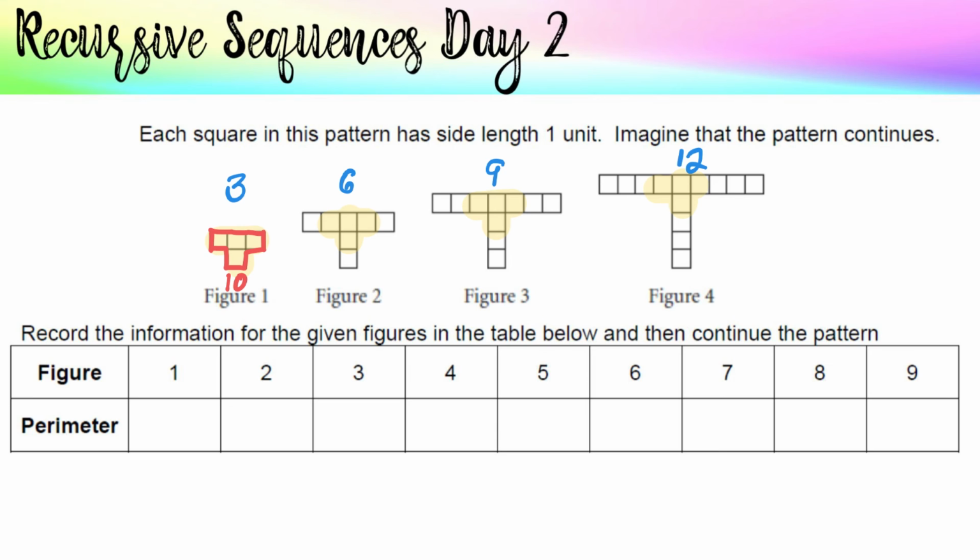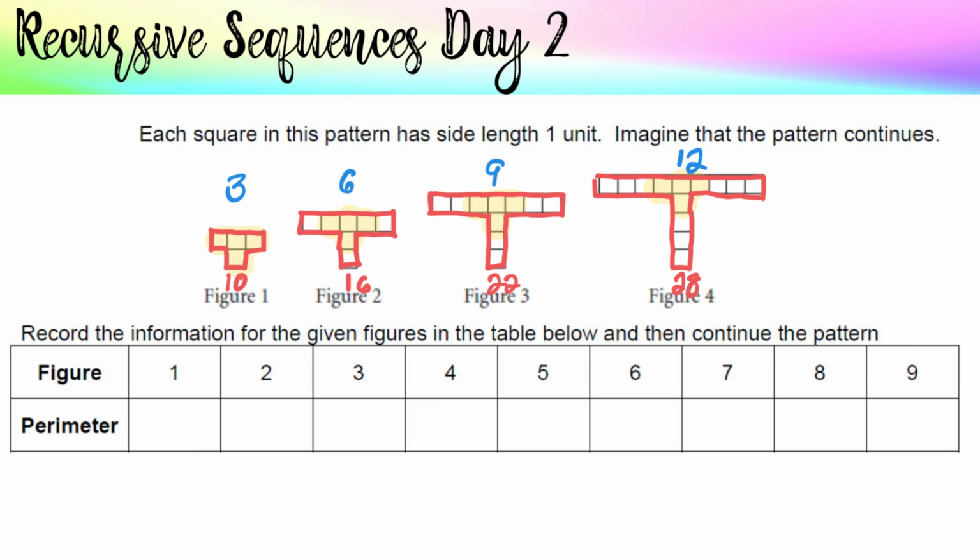So 10 is the first number if we're referring to the perimeter. Then counting the next figure gives 16, then the next gives 22, and the next gives 28.